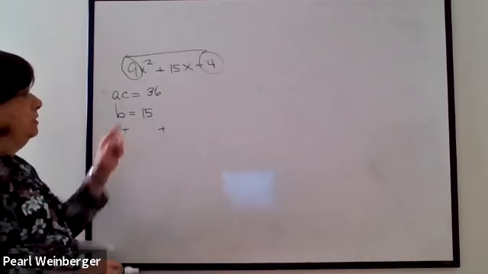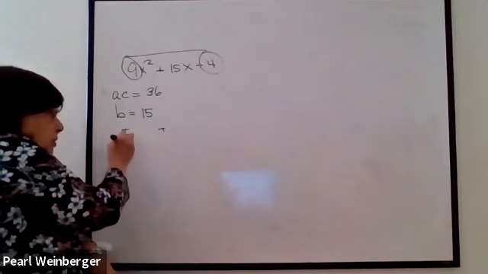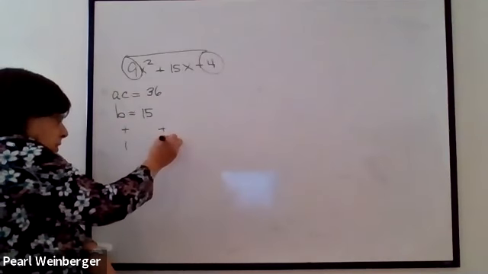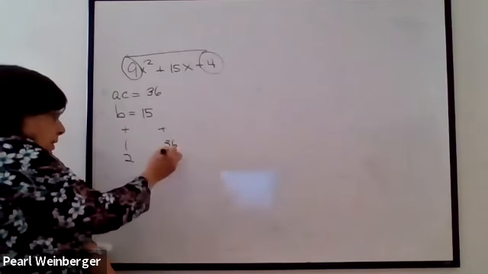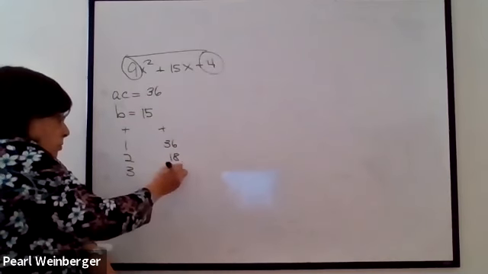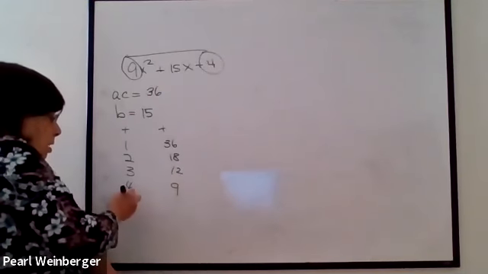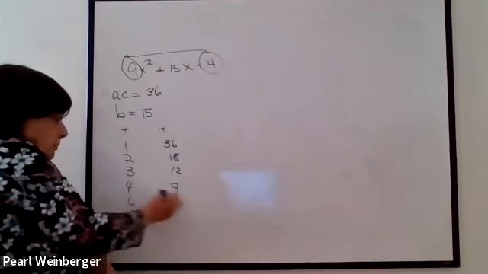Okay, let's think what multiplies to 36. I'm going to go through a whole list: 1 times 36, 2 times 18, 3 times 12, 4 times 9, 6 times 6.